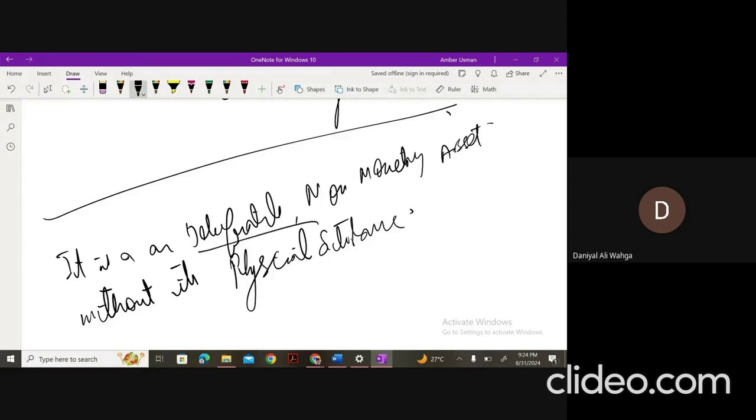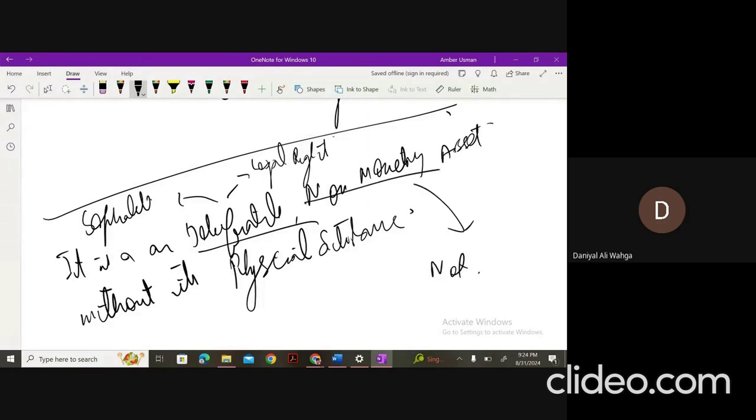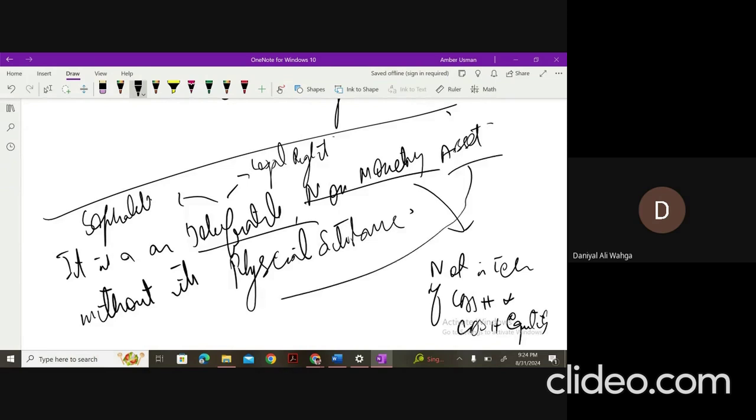So the asset needs to be identifiable. To be identifiable, it should be separable, or it should arise from legal rights. It should be non-monetary, meaning not in terms of cash and cash equivalents. It should be an asset.